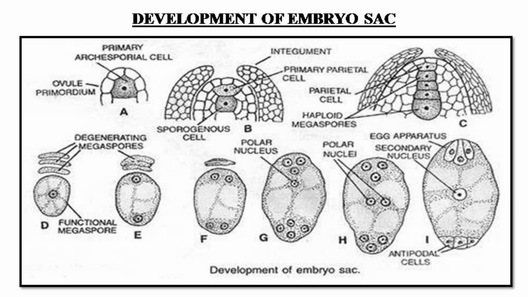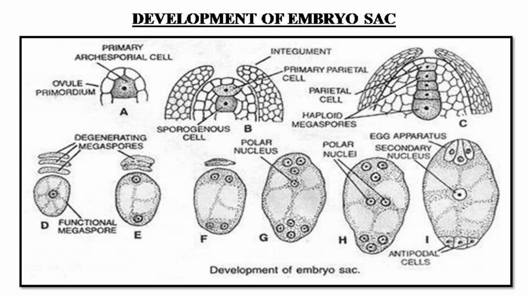The 3 cells at the micropylar end of the embryo sac develop into the egg apparatus. The central large cell of the egg apparatus is the female gamete, egg cell or oosphere, and 2 on either side are the synergids or the helper cells.